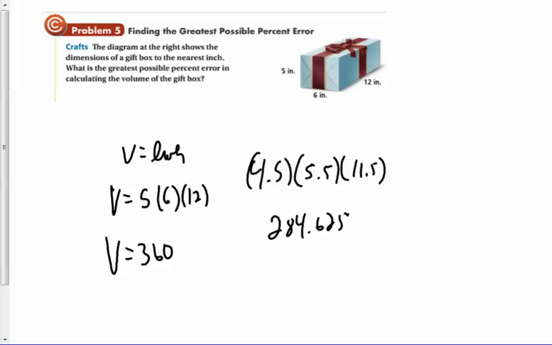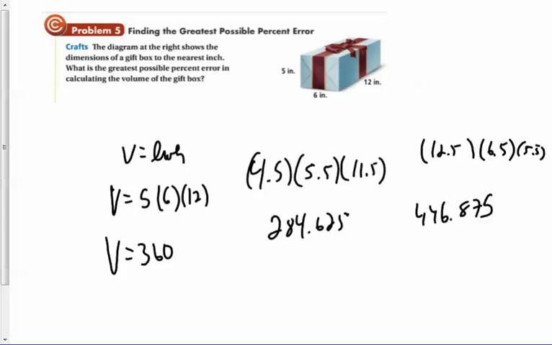And the maximum, if I added 0.5, would be 12.5 times 6.5 times 5.5. And when I do that, I get 446.875.